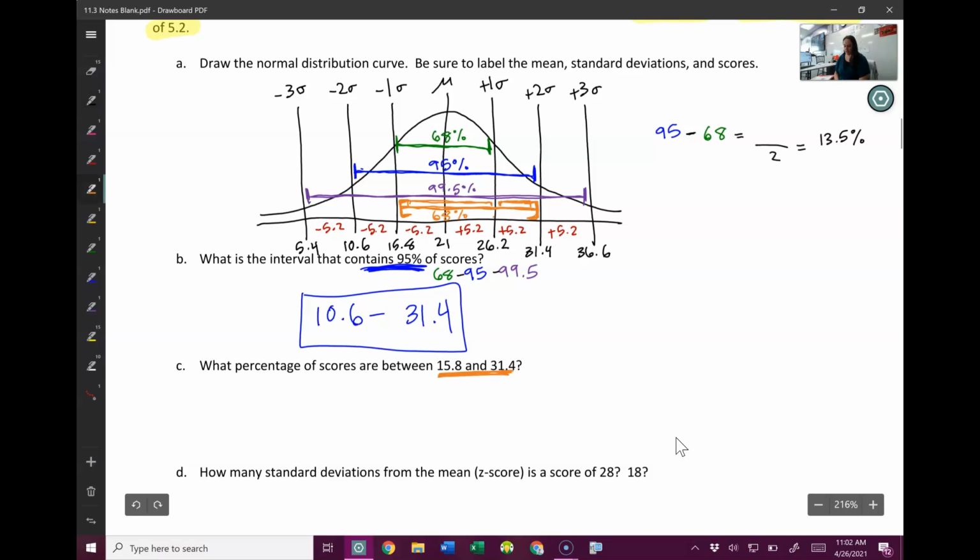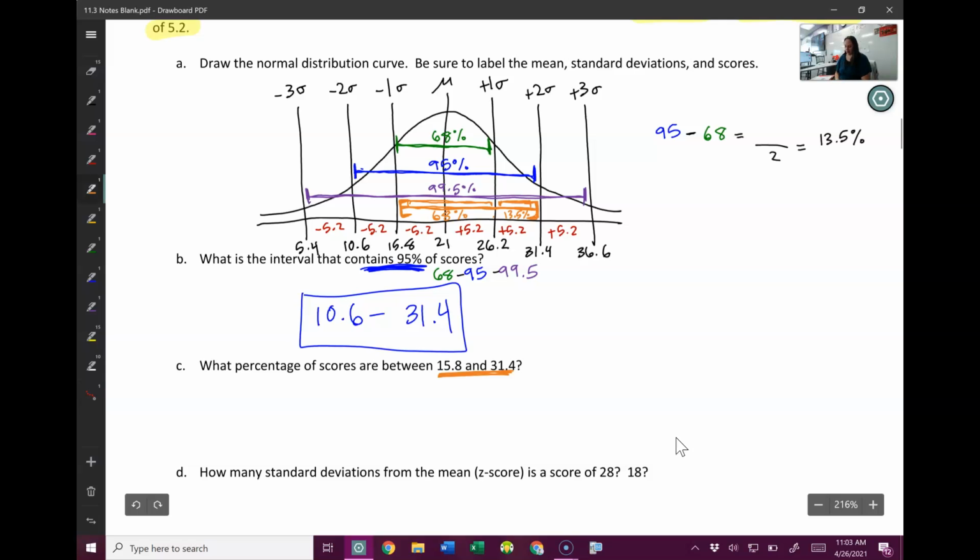So that means this little section right here is 13.5. Now, you cannot just do 95 divided by 4 to get these 4 sections, because that would mean every section is the same amount, and there's more in the middle than there is in the edges. So we can't just divide by 4, we've got to do this process right here.